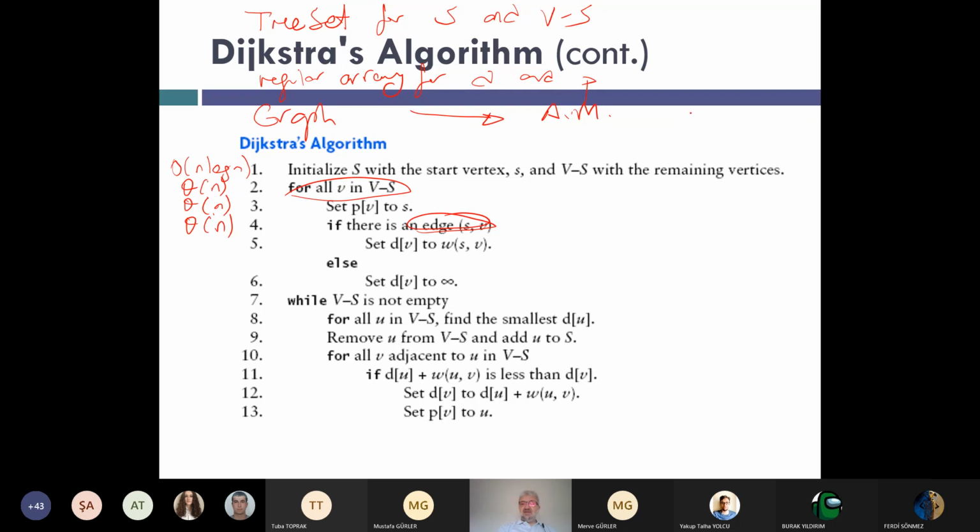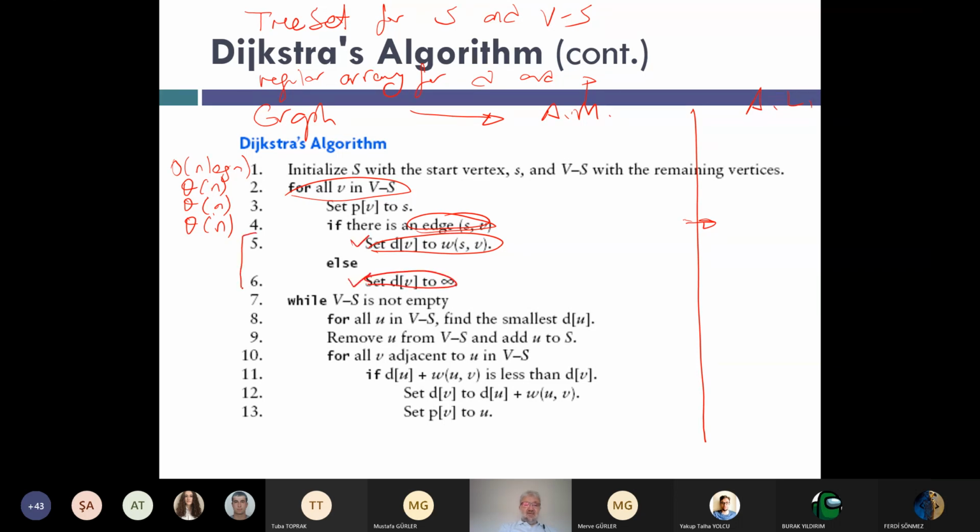Adjacency list, for adjacency list, I will put running times here. Only this part will be changed, so I will put the running time here. But this setting D, either we will set here or here.